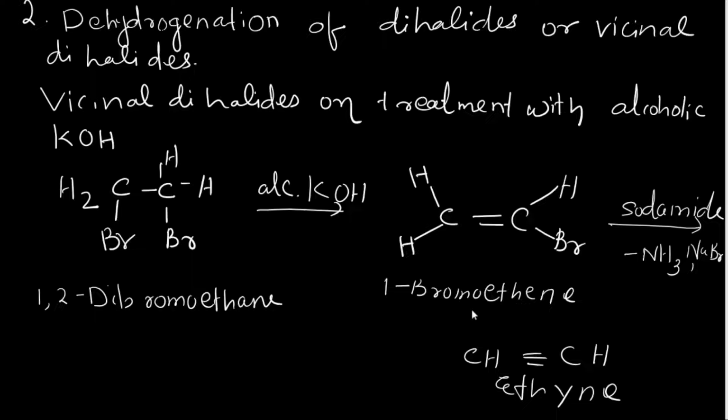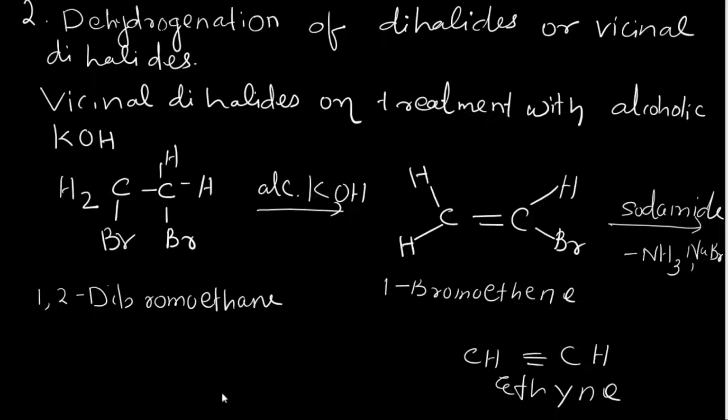That is called dehydrohalogenation of vicinal dihalide. What do you mean by dehydrohalogenation? That means hydrogen halide is removed from the dihalide. Dihalide means two halogens are present in the compound, and that is called vicinal dihalide.